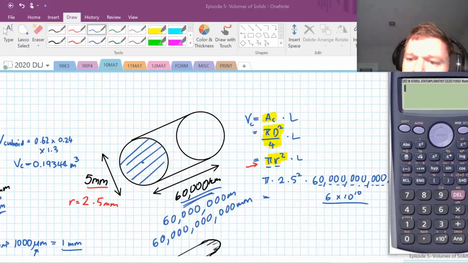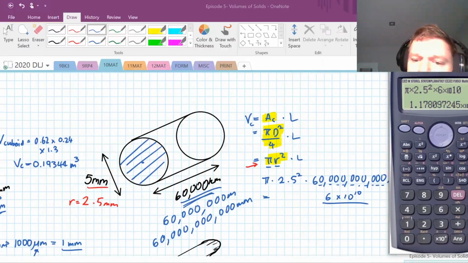So shift pi times 2.5 squared. So that's just the radius of the front face, and multiply by 6 times 10 to the 10.